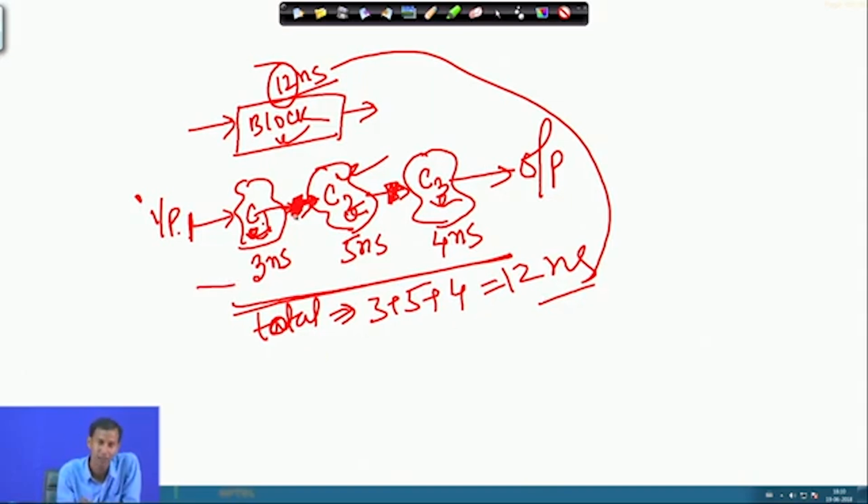But as I have put registers, it does not matter how much time C1 takes to process; it is not at all affecting the corresponding C2. It is affecting the previously held value of C1, which is stored in this particular register. That value is now coming to C2 and changing the value of C2. Okay. So, the data dependency is broken by putting this extra register in between these particular blocks.